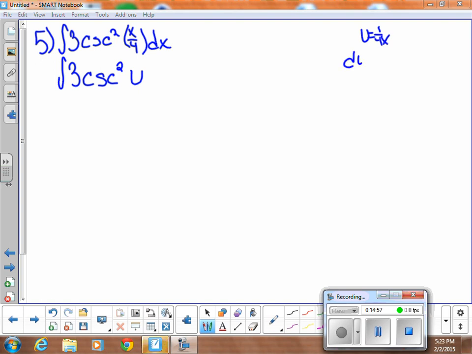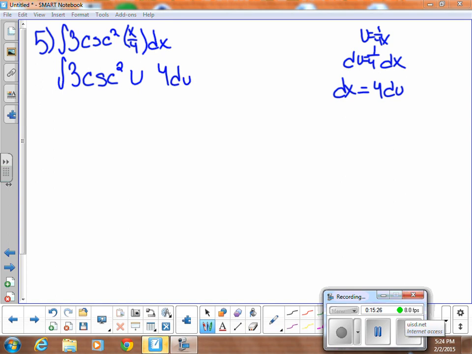And then the derivative of that is 1/4. So 1/4 dx. Then I need to solve for dx. So dx equals 4 du. So when I come back and rewrite it here, I replace the x over 4 for u, and then I need to rewrite dx, which is 4 du.